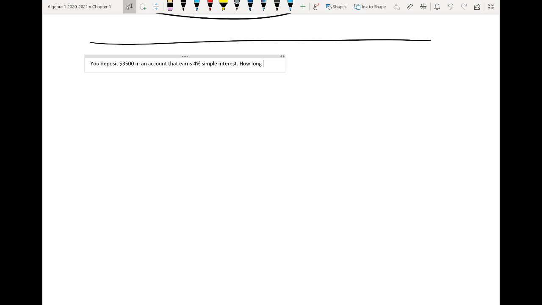But interest, I hope you know or will learn, is annualized, and it is compounded. So how long will you have to leave the money in the account to earn $350 in interest?